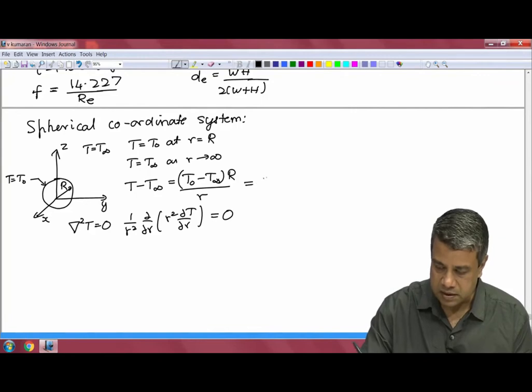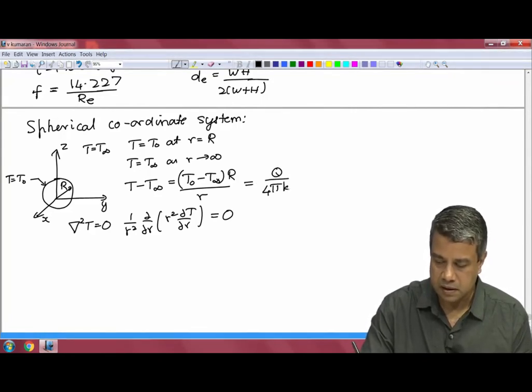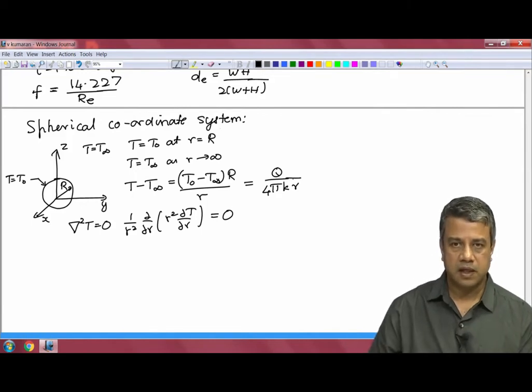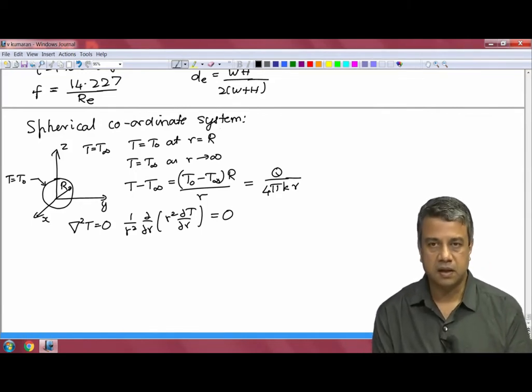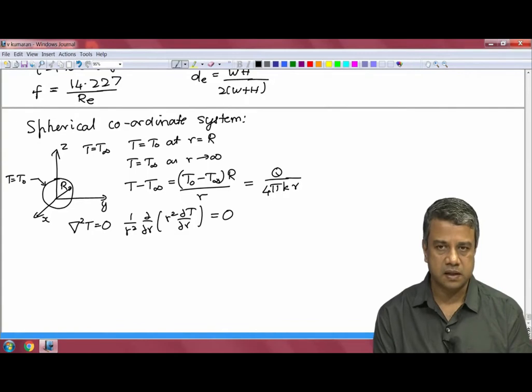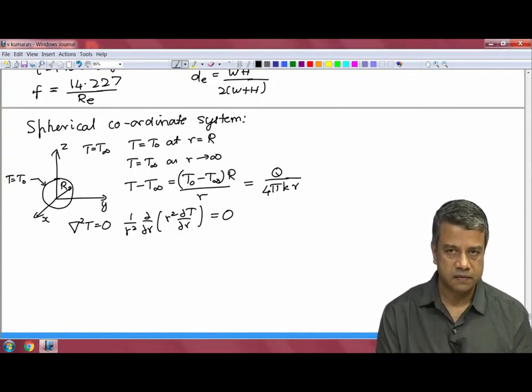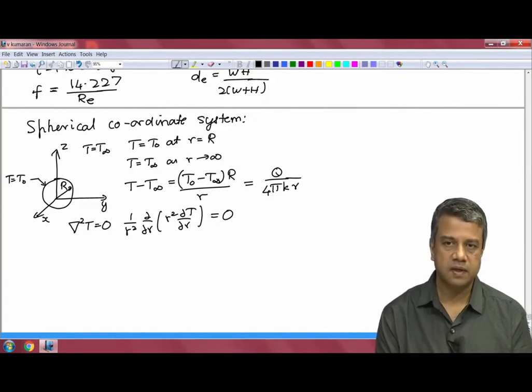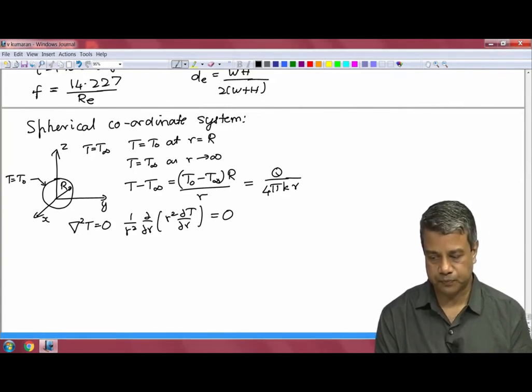And we could also write this as Q by 4 pi k r, where k is the thermal conductivity and Q is the total amount of heat generated per unit time from the sphere. The heat flux times the surface area, that is the total amount of heat generated per unit time.